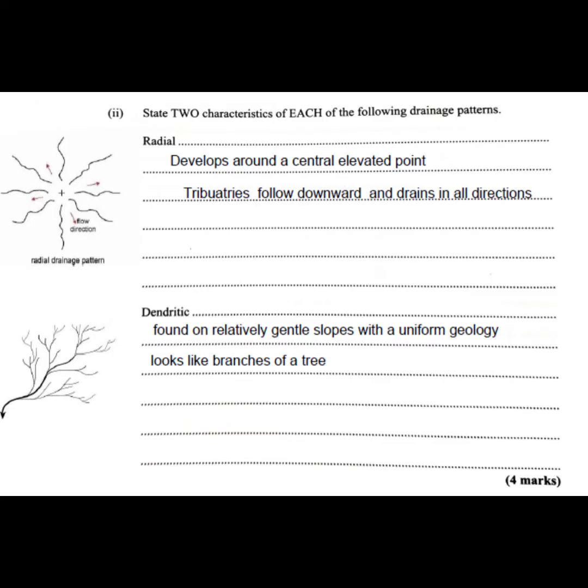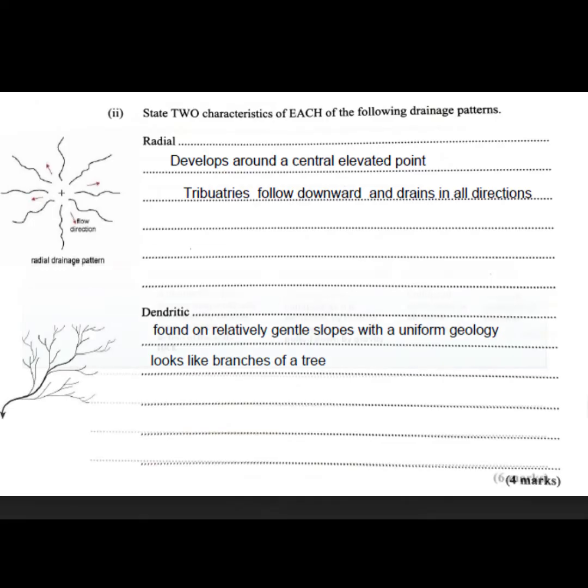Now, you can see the picture to the left of the page, that is what a dendritic pattern looks like. Once you were able to identify any two characteristics, then a total of 2 marks belong to you for that section. So 2 for radial, 2 for dendritic, then a total of 4 marks belong to you.